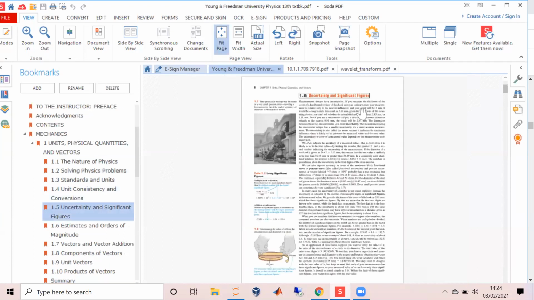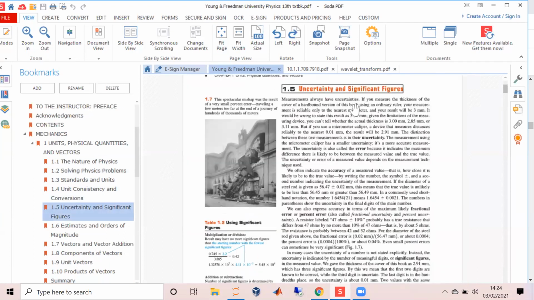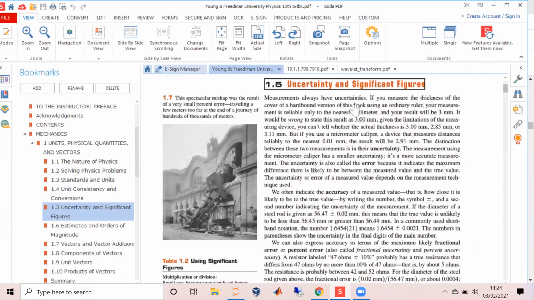Okay, so basically here uncertainty is gonna be related to 2 sources. One of the sources is gonna be our device to measure things. For example, if I have a scale to measure weight, and my scale only goes to decigrams, I have an uncertainty associated that is gonna be related to centigrams.